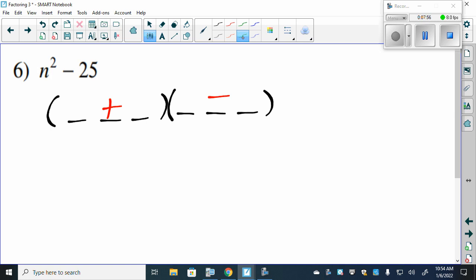Which leaves us looking at the factors of the first and third term. Well, the factors of n squared are n and n. Now the factors of 25 are 1 and 25, or 5 and 5. Which one do we want to use? 5 and 5. We can try it first.